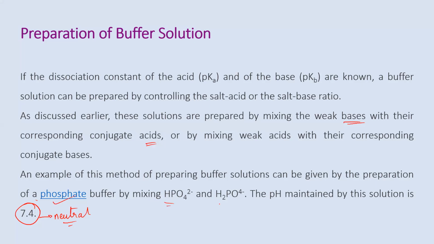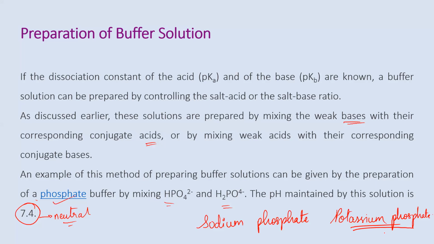There are two mixtures that you use. There can be, say, sodium phosphate buffer, or you can also use potassium phosphate buffer. Potassium phosphate buffer is very commonly used in the biochemistry labs.